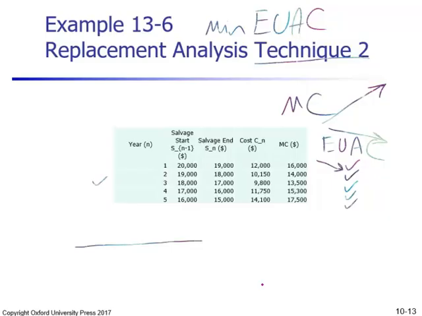Let's go for year 3. For year 3, we have these costs. 12,000 at year 1, 10,000 at year 2, and 9,800 at year 3.